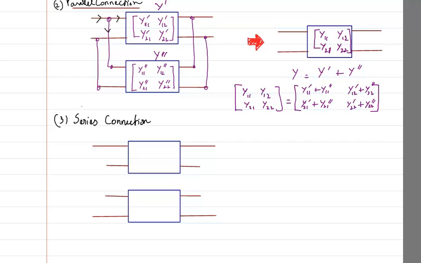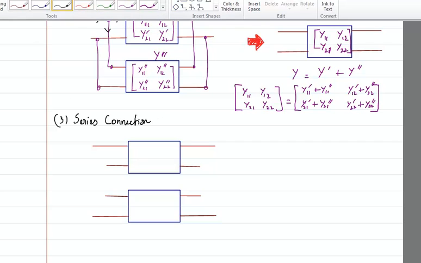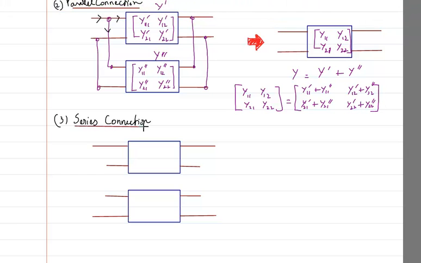In case of series connection, we have two networks connected in such a way that we have a series flow of current, or the voltage is basically in series. Okay, how do we say that the voltage is basically in series?